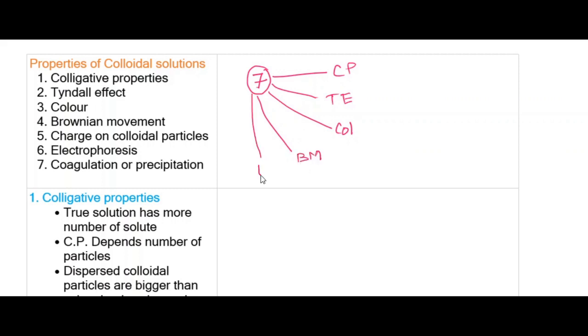Fifth, charge on colloidal particles, then electrophoresis, and finally precipitation or coagulation. We'll discuss one by one.